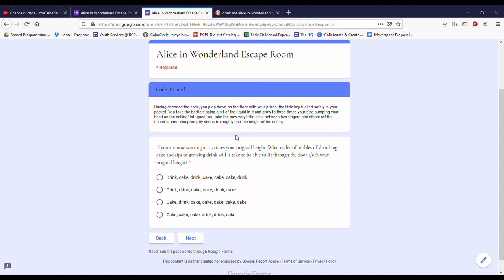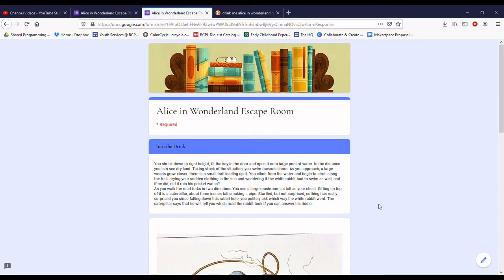Or the simpler way to do it is if you know the cake makes you shrink, you want to choose the one that has the most cakes. In that case, it's this. For anyone curious, the math works out so that you would be 14% your original size to fit through a 1/6 your original height door. All right, we're going to keep going.